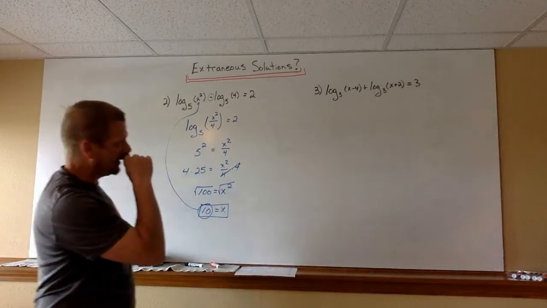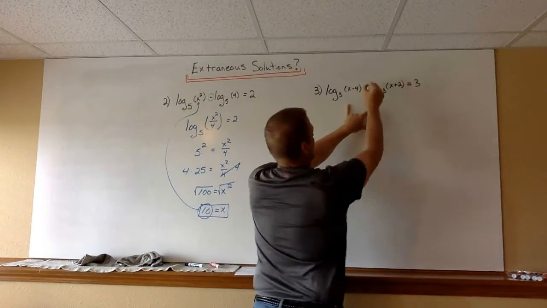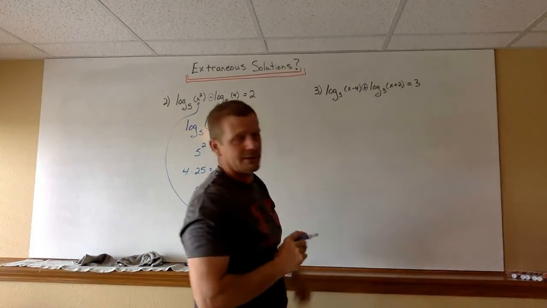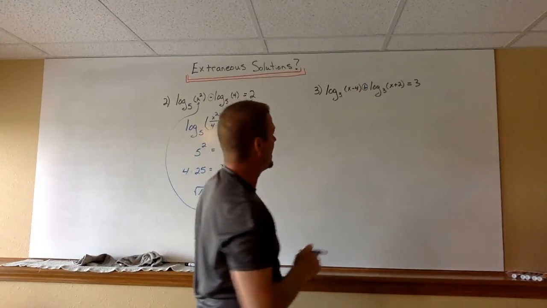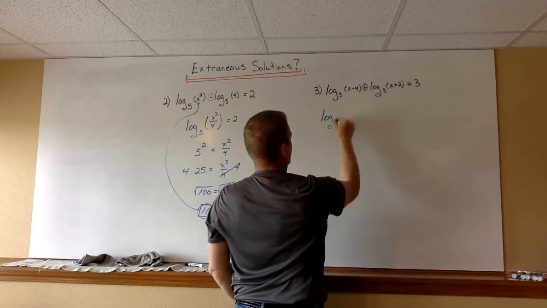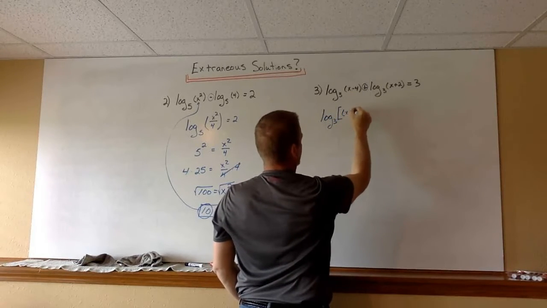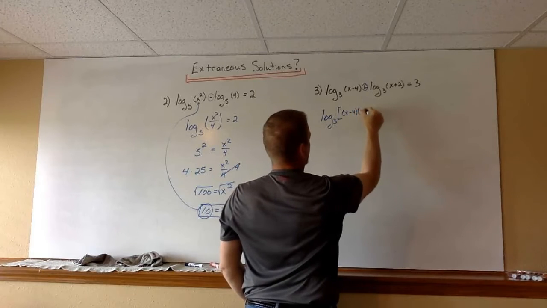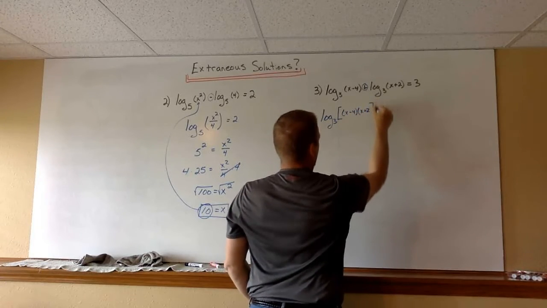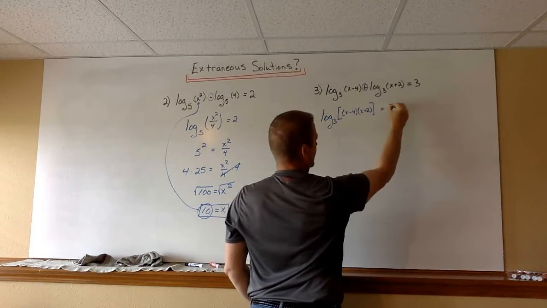Okay. When I look over here at number 3, again, 2 logs. These 2 logs are added. So I'm going to do an extra step in here, not mental math. When I condense these 2, I really have log base 3, and I need to multiply x minus 4 times x plus 2, because when I condense it, it's the product of these 2 logs that are going to equal 3.